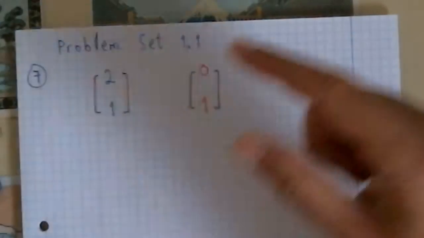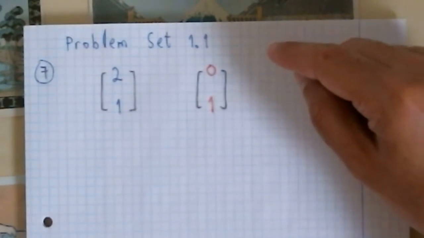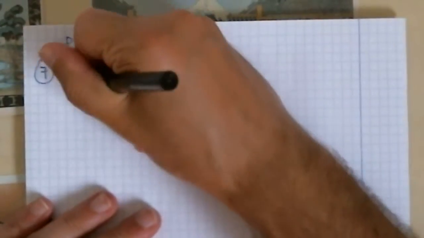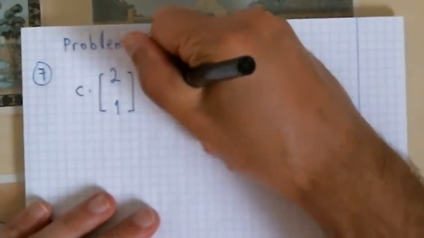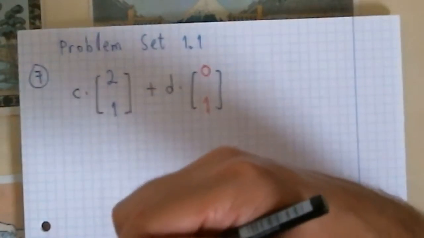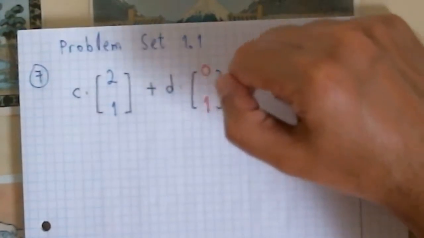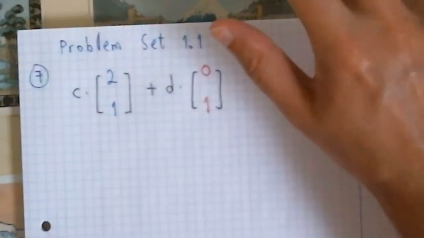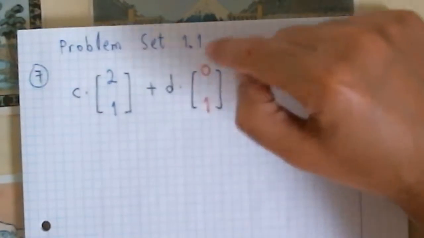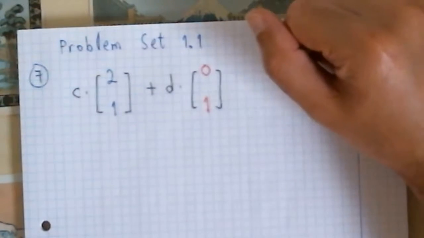Okay, and we take linear combinations of these two vectors with C and D. C times the blue one plus D times the red one. And we take several C's. We have 1, 2, 3 options for C. And also for D, we have 1, 2, 3 options for D.